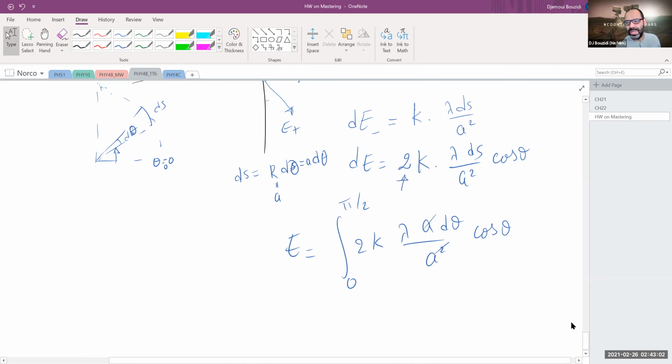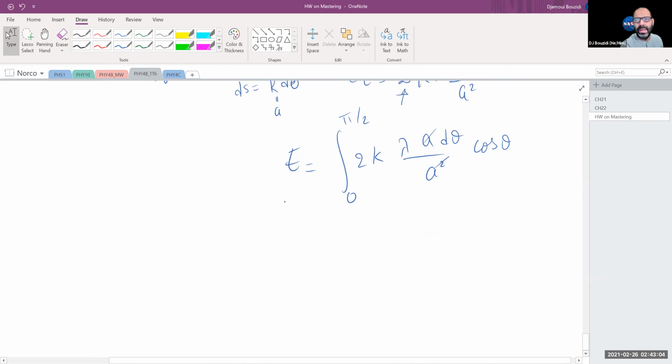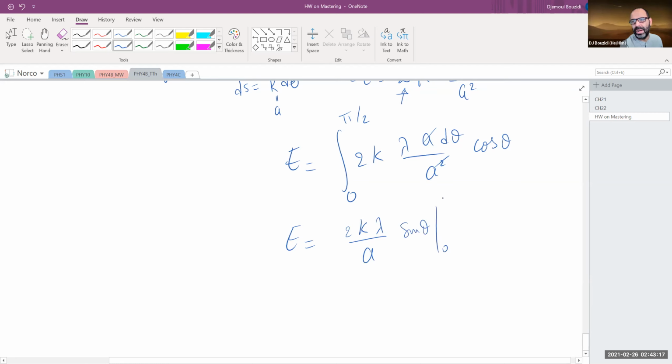So what is the integral of cosine? That's a sine, isn't it? So E is equal to 2k lambda over a times sine of theta evaluated between 0 and pi over 2, and this is just 1. Okay?